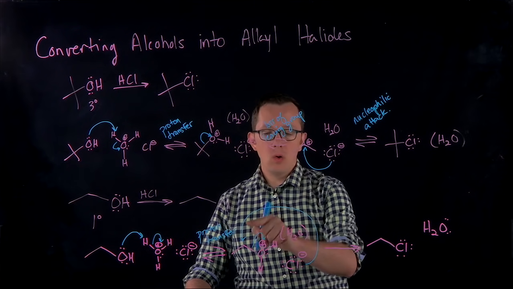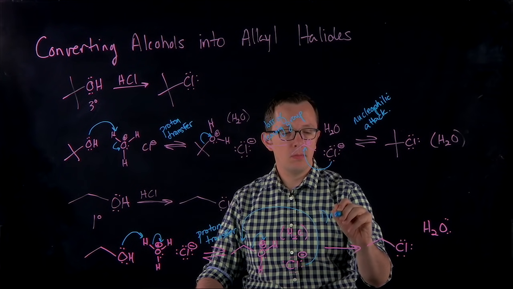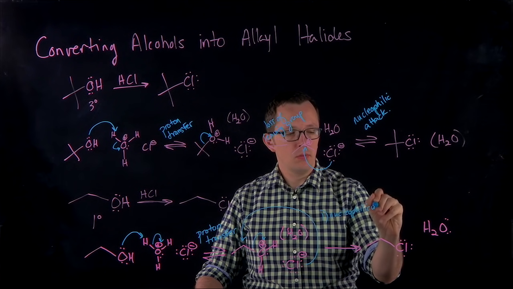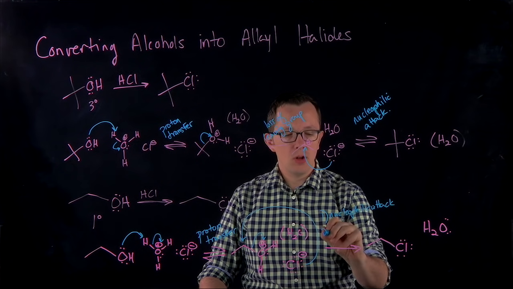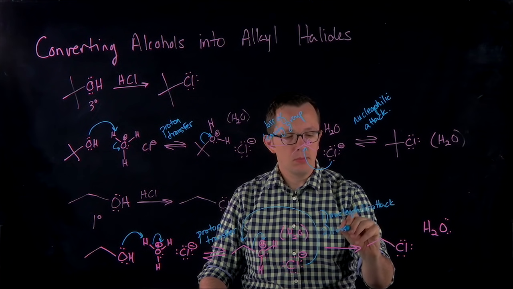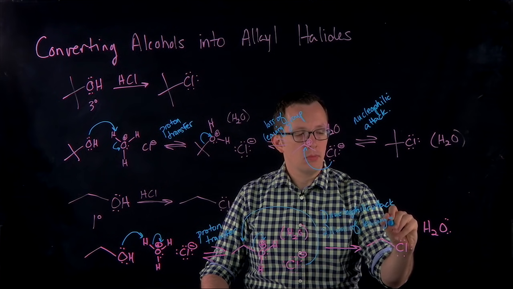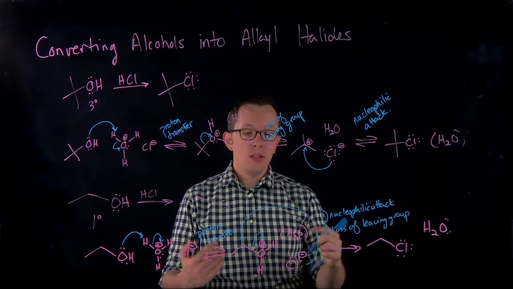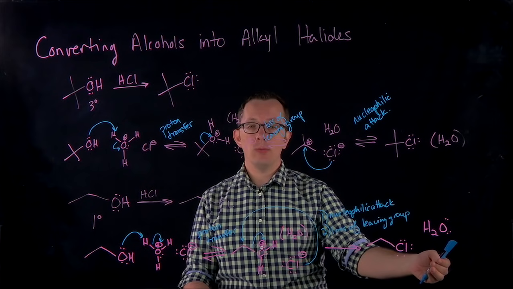Our first arrow is our nucleophilic attack step. Our second arrow is our loss of leaving group. Right? Because it's an SN2 reaction, these two arrows happen simultaneously, and that leads us to our final product over here.